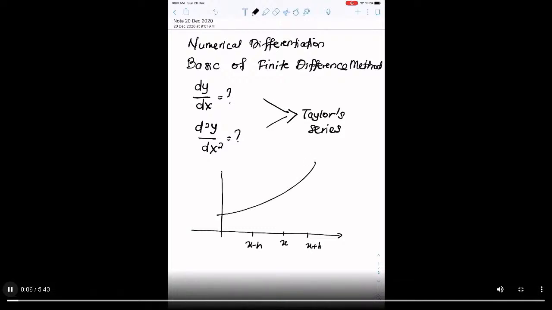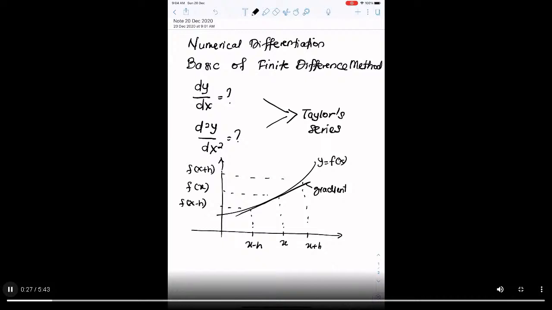Okay, we want to find the gradient at one point, when x equals x and y equals f(x). So we want to find the gradient, the rate of change, at the point x, f(x). All right. So what should we do?